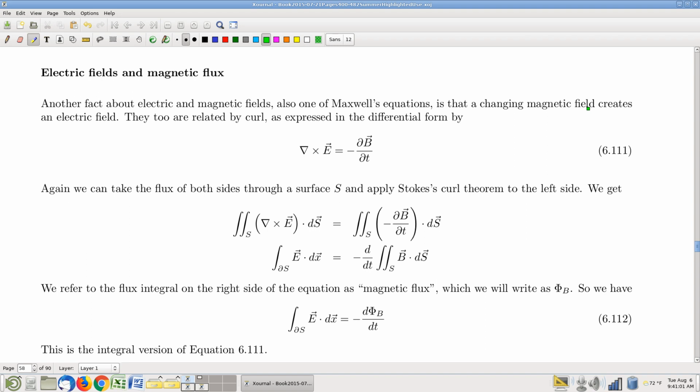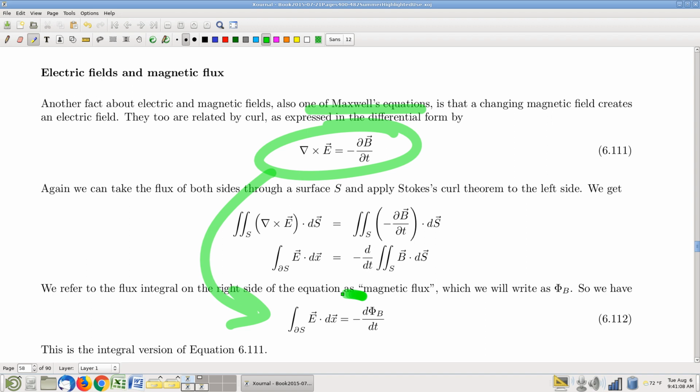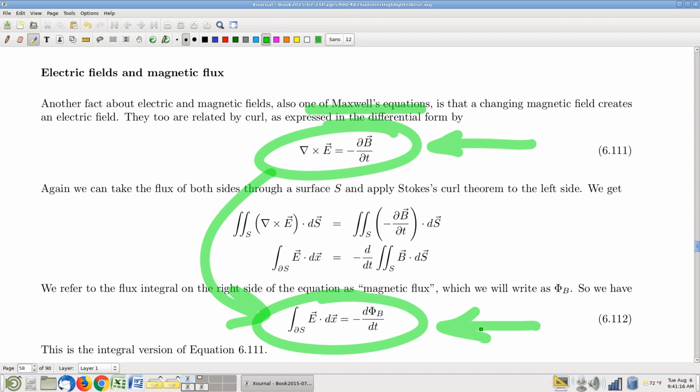Again, we can turn this Maxwell's equation into another version. This is the differential version of this Maxwell's equation. This is, again, typically viewed as morally the same equation. This is just the integral version of it.